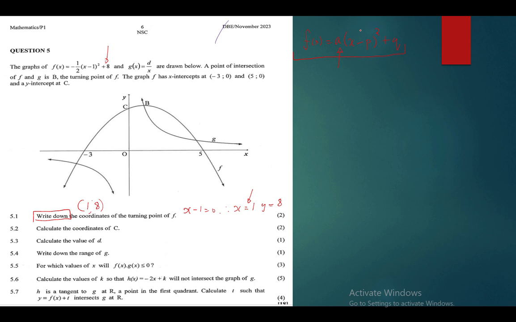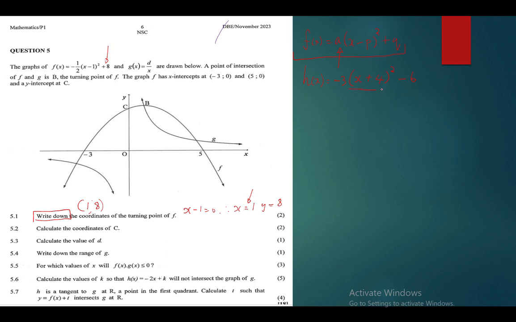When the quadratic function is written in this form, it should be easy to find the turning point. For example, if I say h of x equals minus 3 times (x plus 4) squared minus 6, and I ask you to write down the coordinates of the turning point, it should be easy.